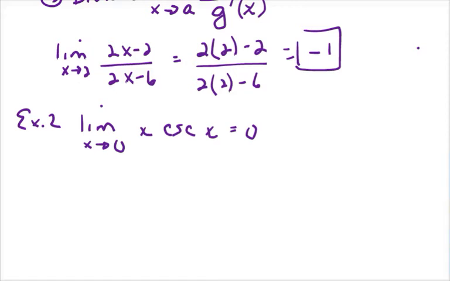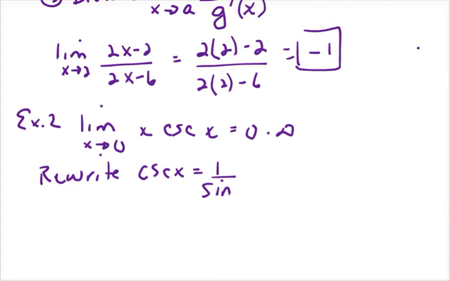Now this is in the form of 0 times infinity, and that's not a form that we can use L'Hopital's rule for. So we can do an algebra trick and rewrite, using trig identities. Cosecant x is 1 over sine x.